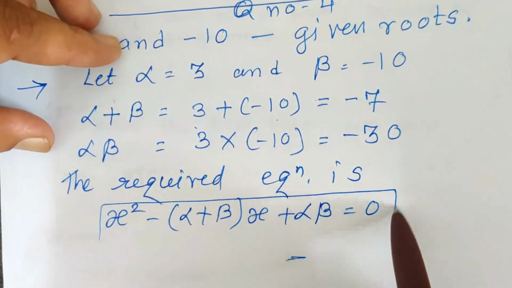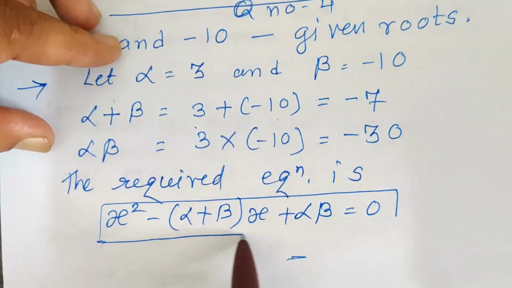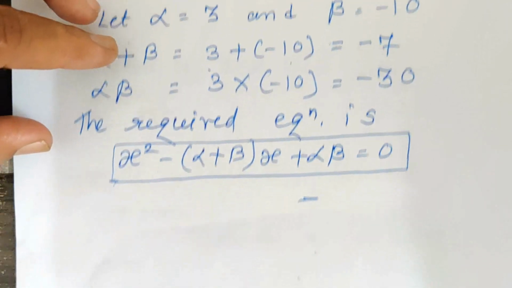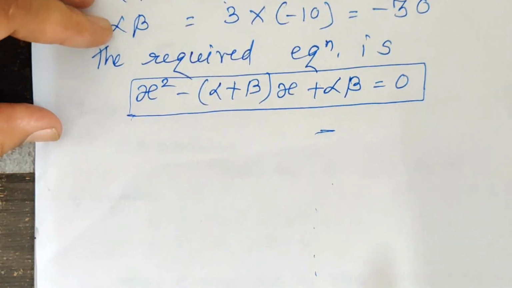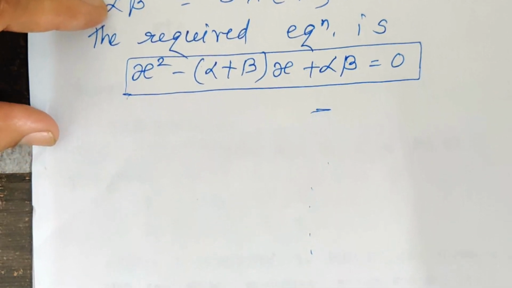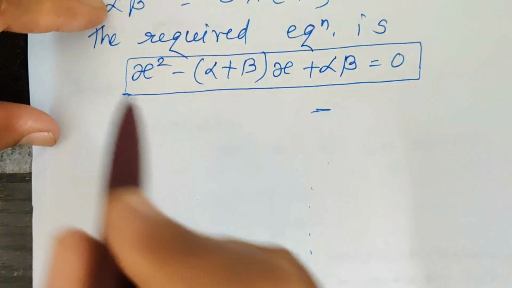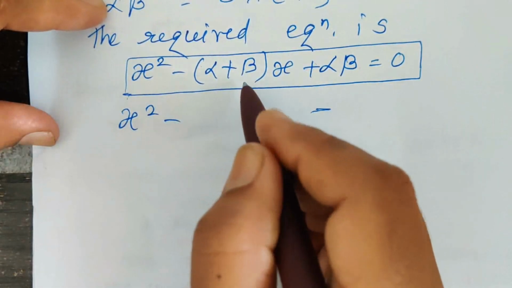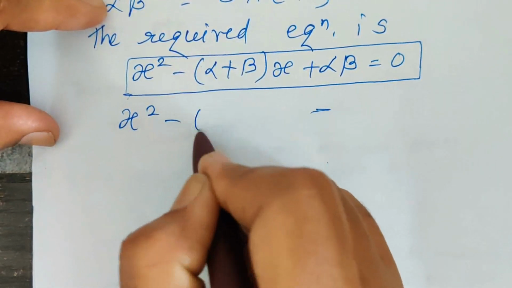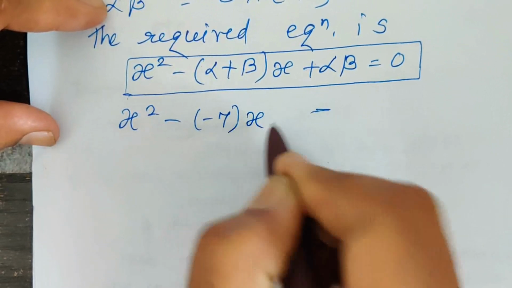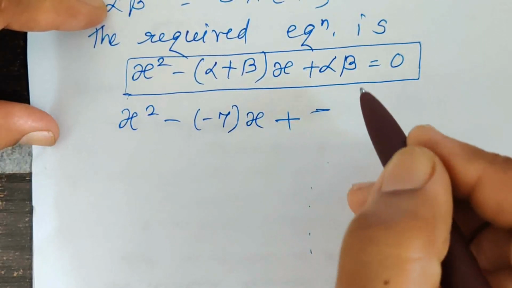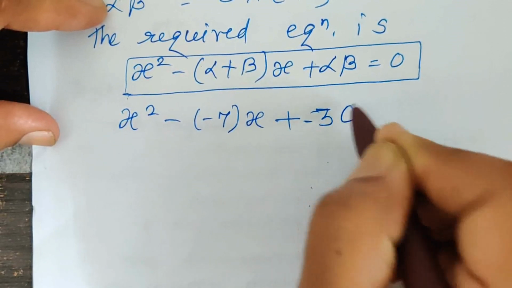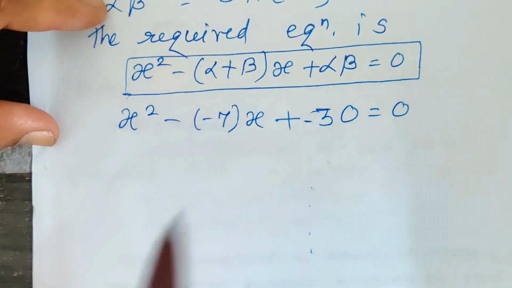Now you just have to put the values of alpha plus beta and alpha into beta in this equation. So we will say here x square minus alpha plus beta, which is minus 7, x plus alpha into beta, which is minus 30, equal to 0.